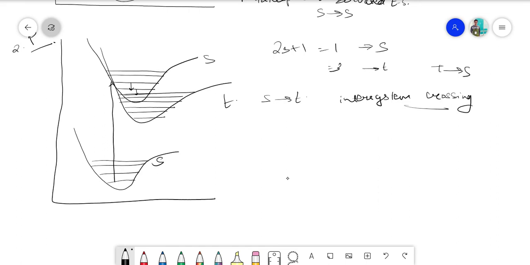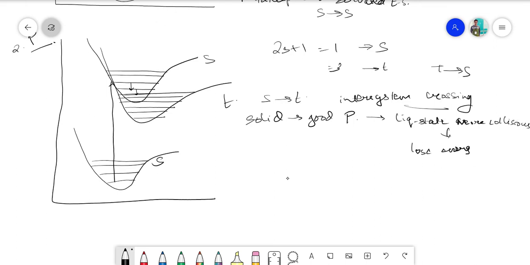And some examples show good phosphorescence. Why? Because in the liquid state, there are more collisions. Because of these collisions, they lose energy.